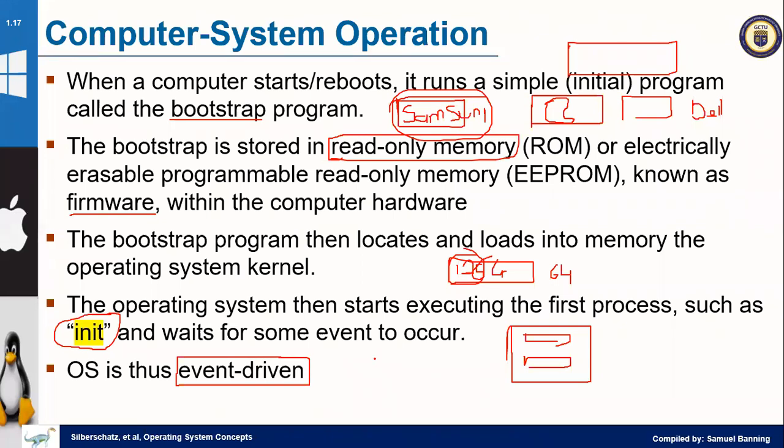It will go to sleep mode. If it is a computer system, it will be there for some time. If you don't touch the keyboard, move the mouse, or click the mouse, the computer will also go to sleep. So we say that the operating system is an event-driven software. The event is nothing but the pressing of the keys on the keyboard, or the moving of the mouse or the click.